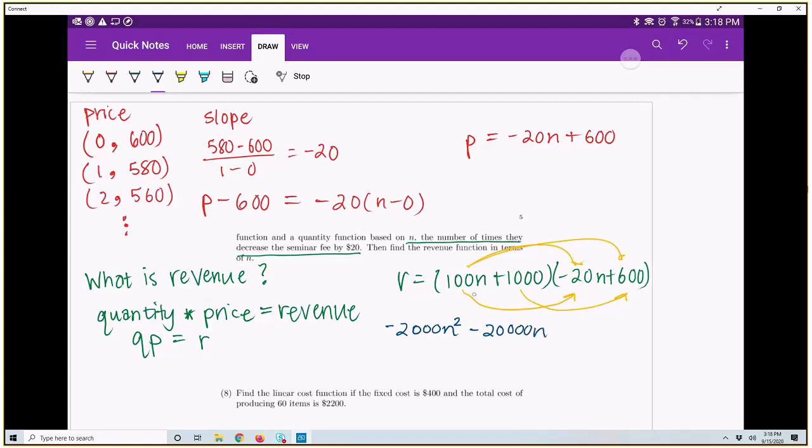And we have 100 times 600n, so plus 60,000n, and plus 1,000 times 600, so that's plus 600,000. So we could say that revenue is minus 2,000 n squared. If I combine 60,000 n minus 20,000 n, that's plus 40,000 times n, and plus 600,000.